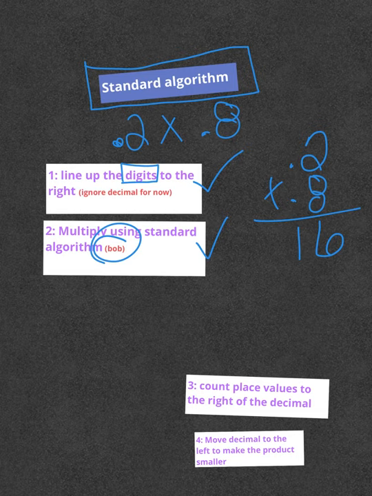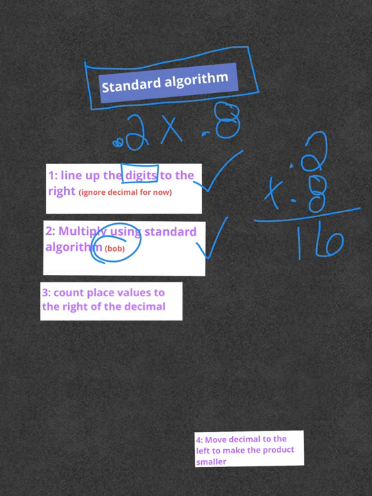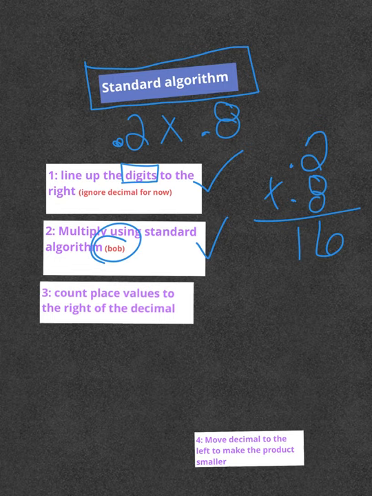Let's move on to step 3. Step 3 says count place values to the right of the decimal. Another important thing to note here, it says count place values. Another way to look at that would be to count digits or numbers to the right of the decimal. So we see the decimal here in 2/10, and we see the decimal in 8/10.